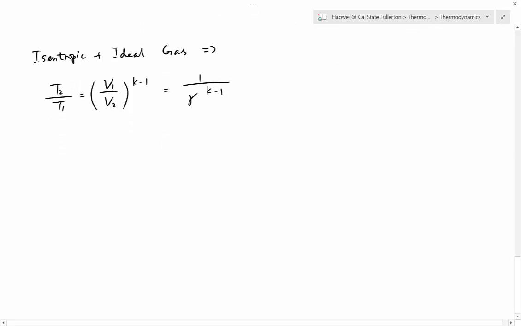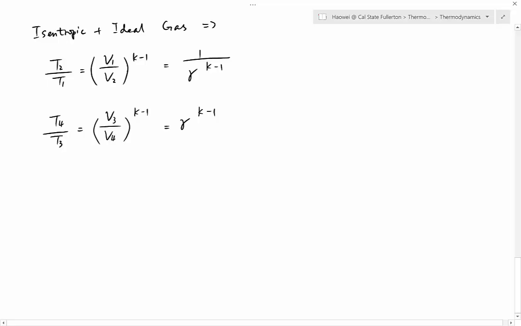This is the first equation. Second one, between 3 and 4. Okay, so those are the two equations you can use, and K, just like before, is the ratio of the two specific heats.